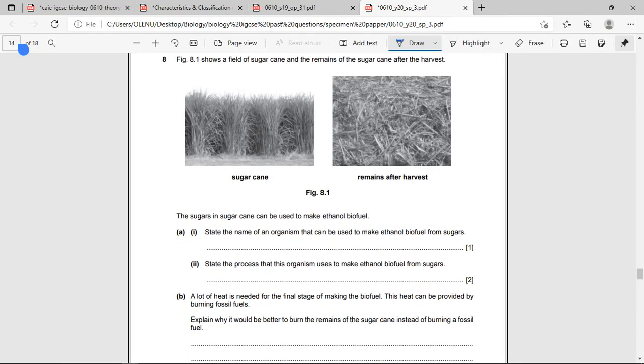Now state the name of an organism that can be used to make ethanol biofuel from sugar. This is simple. Microorganisms such as yeast. State the process that this organism uses: anaerobic respiration.